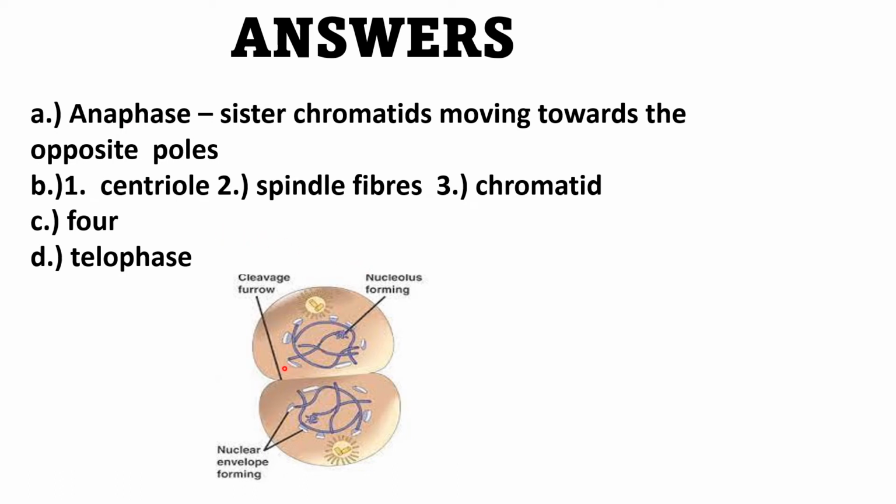In the telophase diagram, you can label the other parts also. Centrosome you can label, and nuclear envelope or nuclear membrane. You can label nucleolus. Then chromatin network also you can label, because you know that in telophase stage chromatids decondense to form chromatin network.